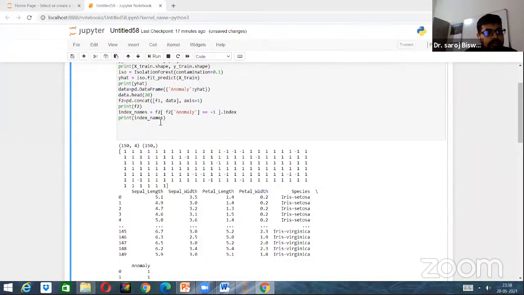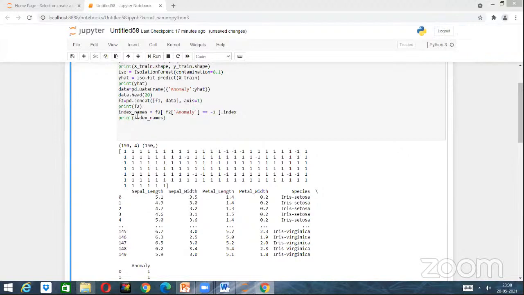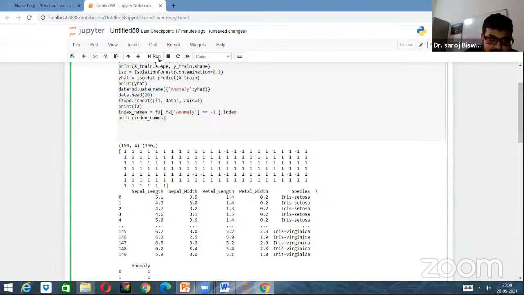So F2[F2.anomaly == -1].index means wherever the value of anomaly is -1, that index is stored here as index names, and we are printing the index names. If I execute, we can understand for which indexes the value of anomaly equals -1, meaning the patterns associated with those indexes are the outliers. That's the objective.